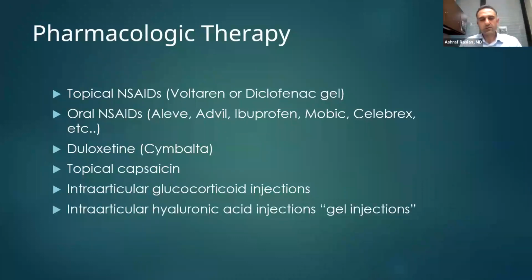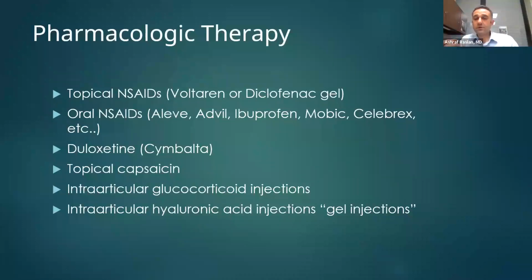Now, the other thing that is very commonly used is what we call hyaluronic acid injection. These are gel injections, or some people know them as Rooster Comb injections. So what is the hyaluronic acid or the gel?